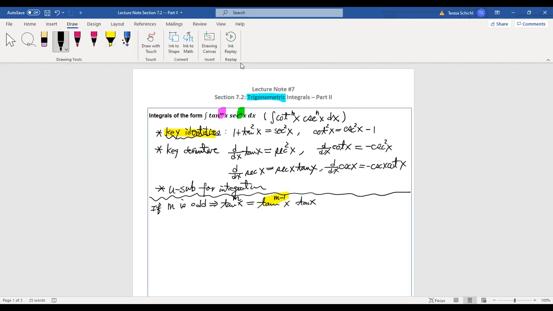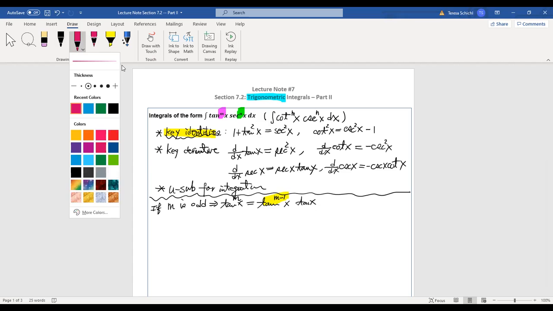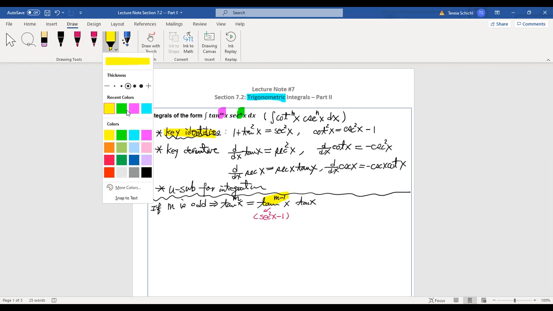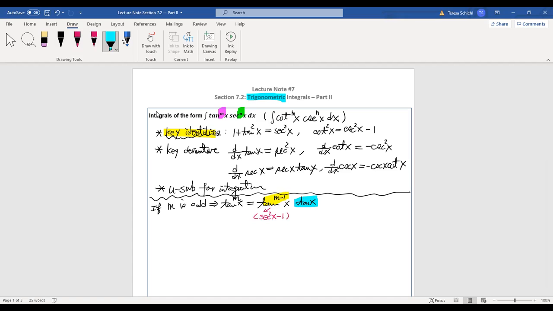Because this is even, we can use the tangent identities. So this one you can write as secant squared x minus 1. And then the remaining tangent, you can combine with one of the secants.